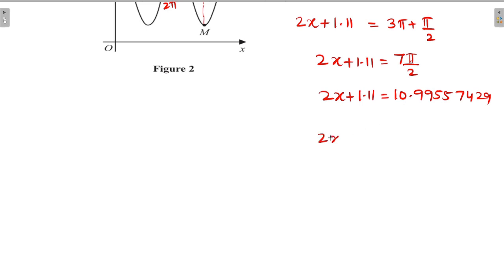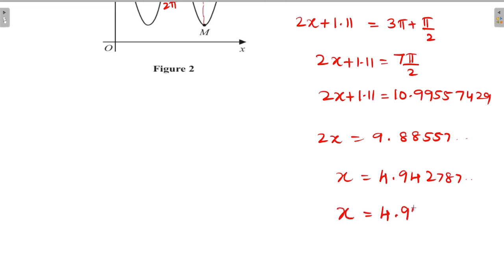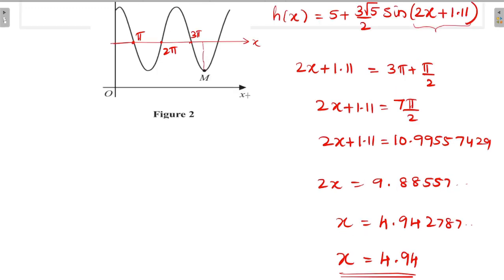So 2x is equal to 9.88557 and so on. Dividing by 2, x is equal to 4.942787 and so on. We can write the x coordinate to 3 significant figures as x equal to 4.94. This is the required x coordinate of the point M.